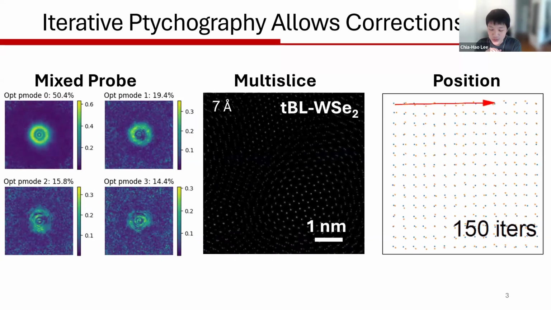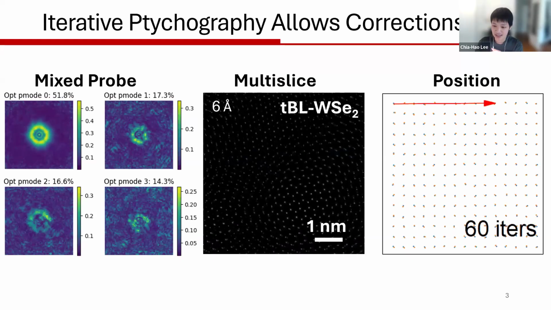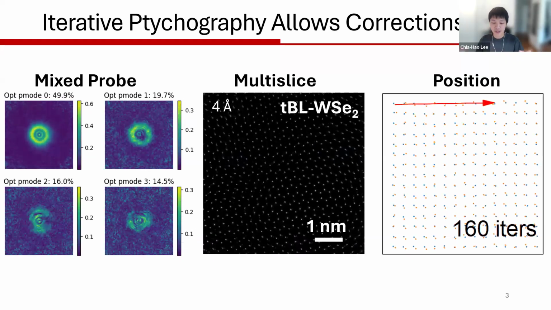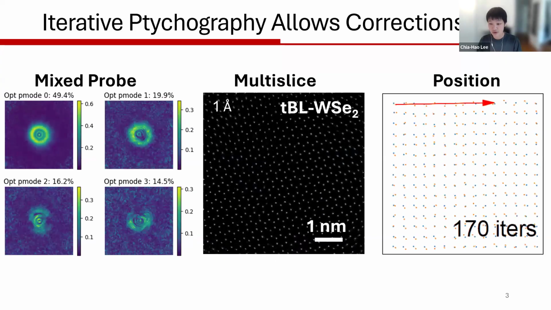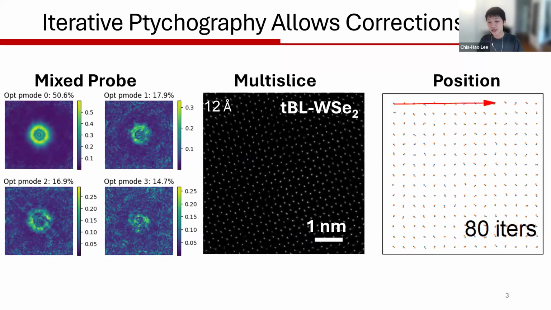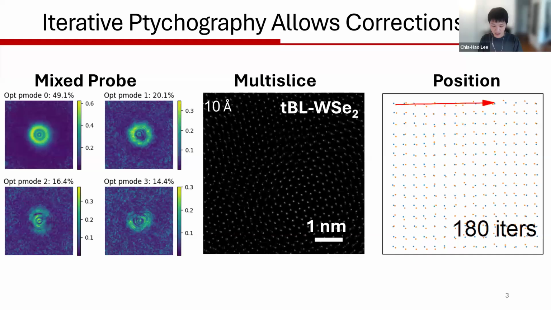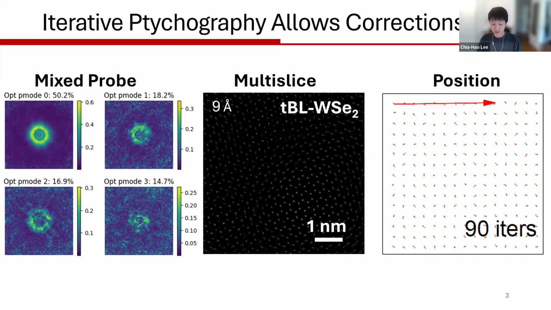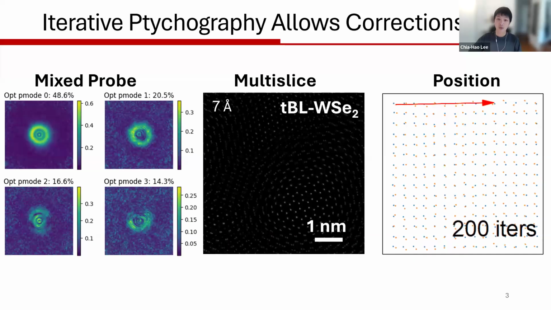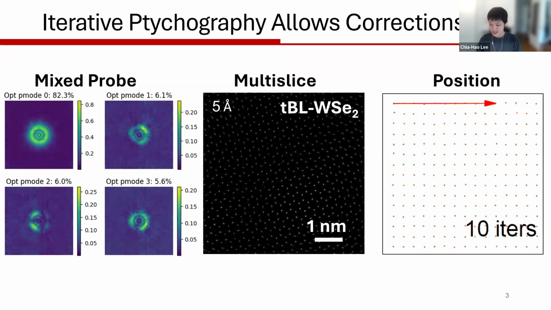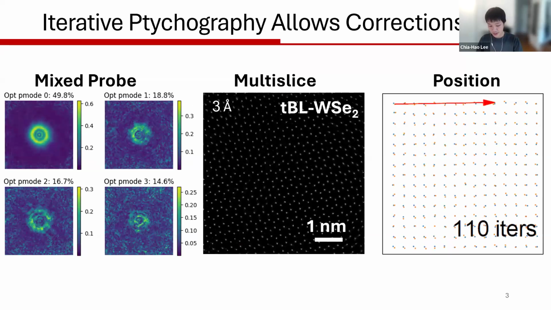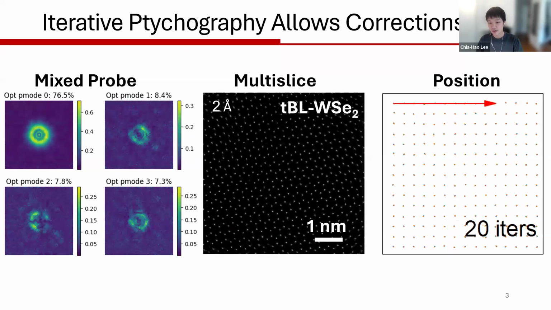But things don't usually go that smoothly, because once you start building your model more and more complicated, there's always this risk that you may be overfitting your result, because ptychography, in essence, is an inverse problem-solving technique. And once you start adding more and more degrees of freedom, there's a saying that you'll be able to fit anything from your data.